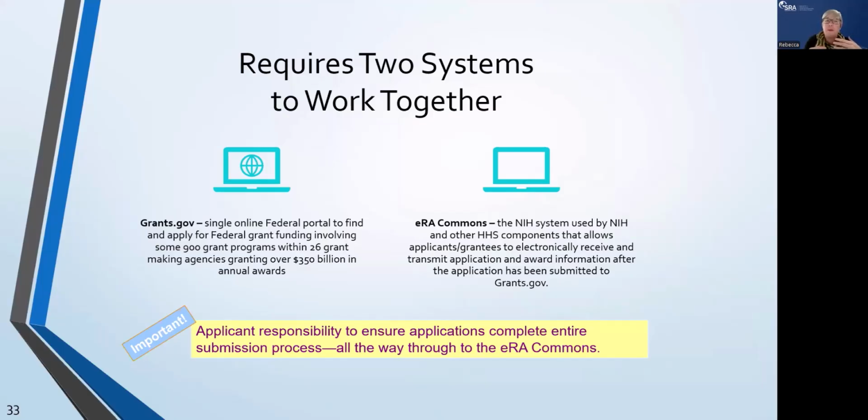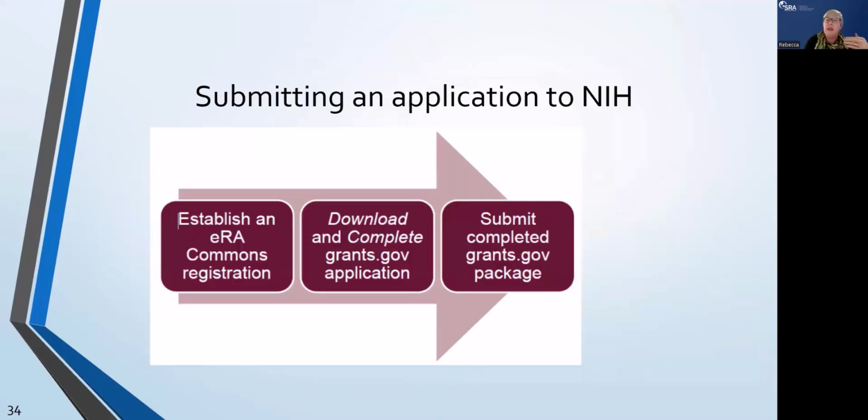So an institution not only has to be registered in grants.gov, it also has to be registered in the eRA Commons. PIs have to be individually registered in the eRA Commons. So that's kind of the three steps, the eRA Commons registration.